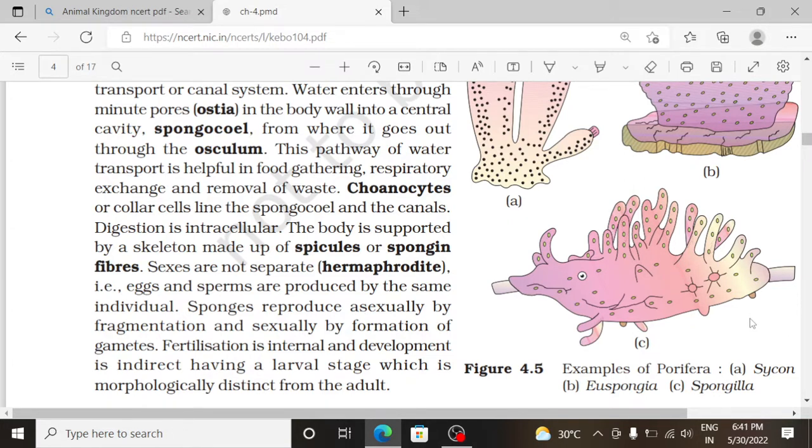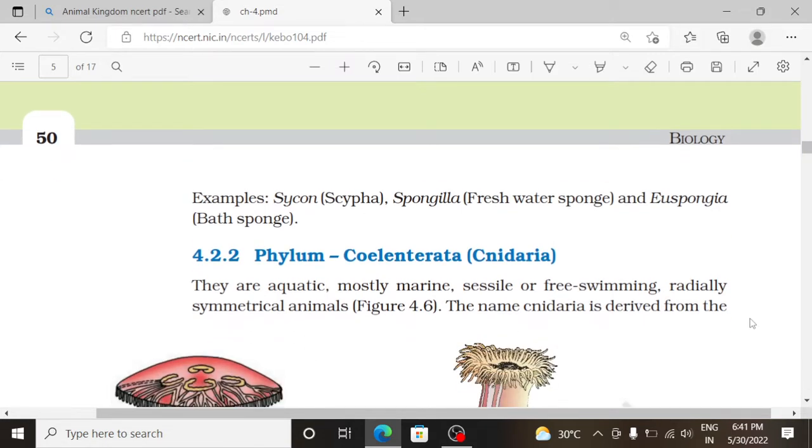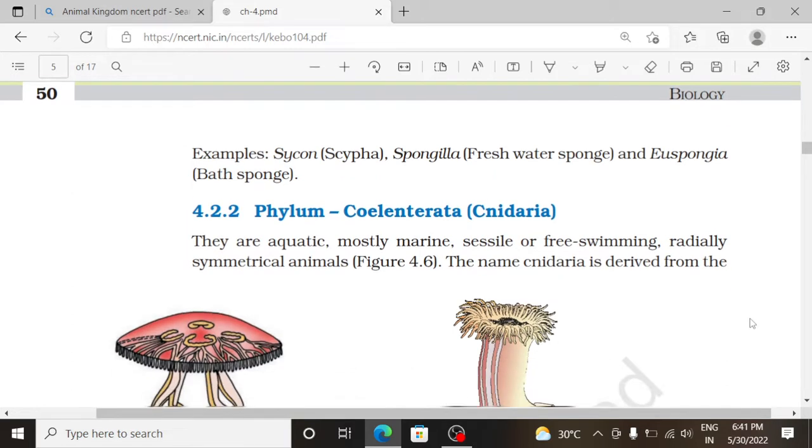Sponges reproduce asexually by fragmentation and sexually by formation of gametes. Fertilization is internal and development is indirect, having a larval stage which is morphologically distinct from the adult. Examples are Sycon, that is Scypha, Spongilla, that is freshwater sponge, and Euspongia, that is bath sponge.